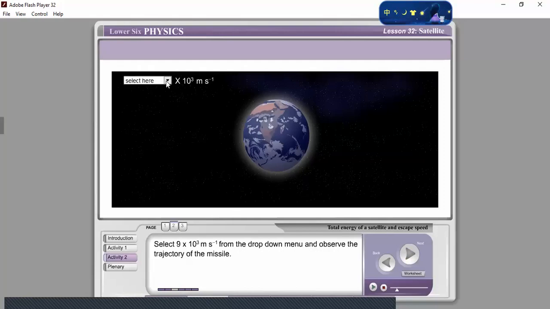Select 9 times 10 to the power 3 meters per second from the drop-down menu and observe the trajectory of the missile. Now what happens if the launch velocity is 9 times 10 to the power 3?